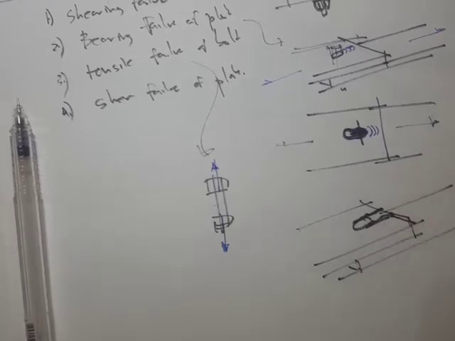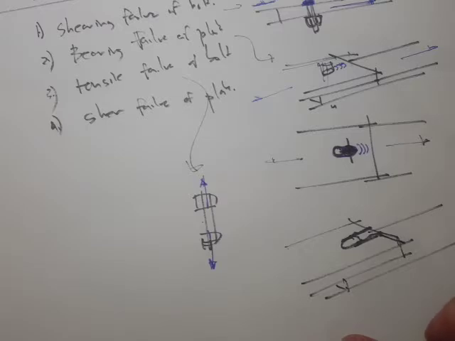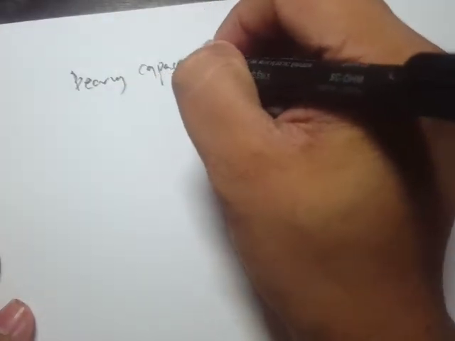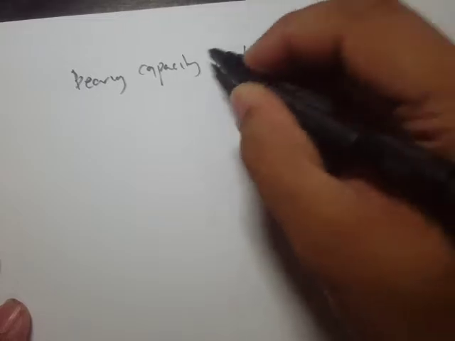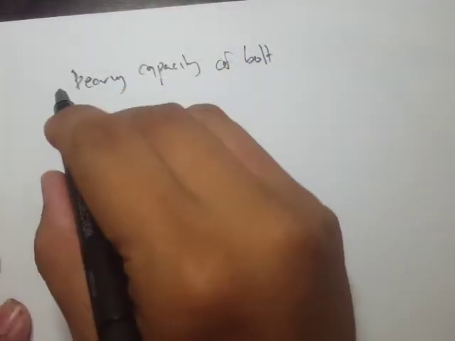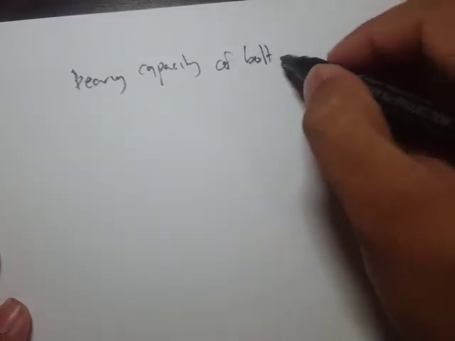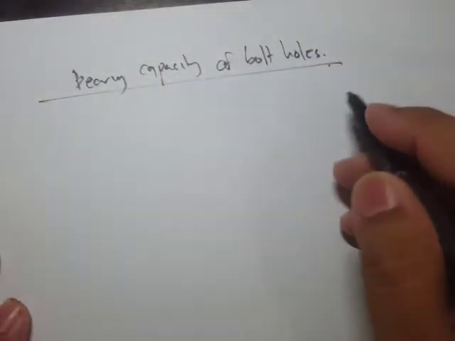Okay, so now let's discuss the bearing capacity of bolt holes. Again, when we say bearing capacity, that refers to the base material or plate material, and not the bolt itself.